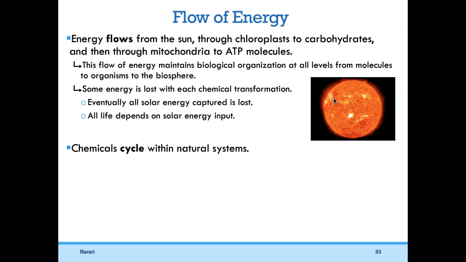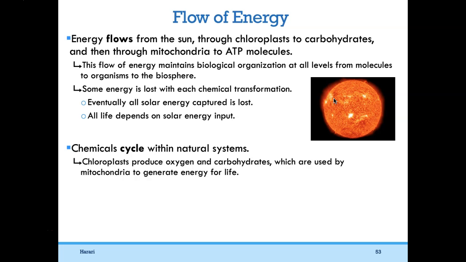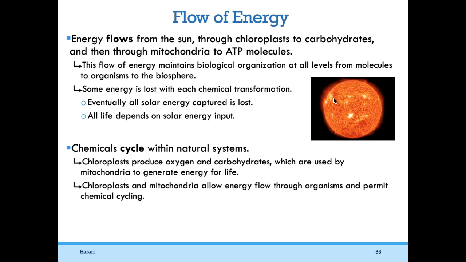So while energy flows, in a constant renewal of solar energy, chemicals cycle. Chloroplasts produce oxygen and carbohydrates, which are used by mitochondria to generate ATP, which is required for life. So this is a system that's a cycle that feeds into each other. Photosynthesis and respiration are directly related.